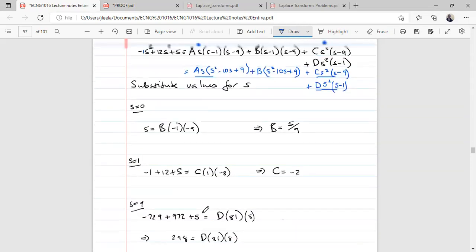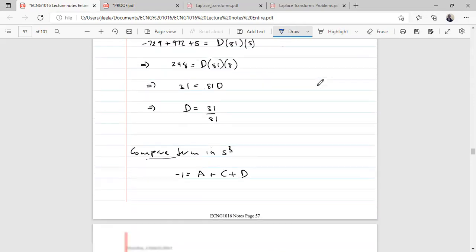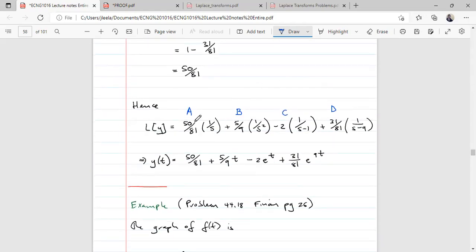So you have your partial fraction breakdown here. A over S, B over S squared, C over S minus 1, and D over S minus 9.